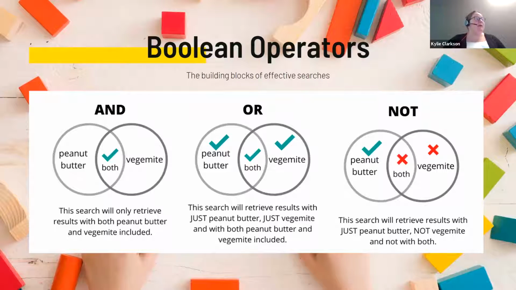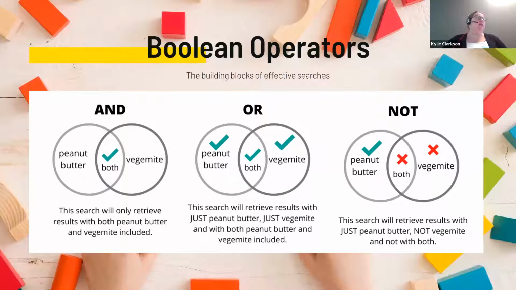If we've got peanut butter and Vegemite, we're looking for all of the results that return with both of those terms in it. So what that does is it narrows down your results. You're not going to get ones that have peanut butter in them but don't also have Vegemite, okay? So and is really useful for narrowing your results.